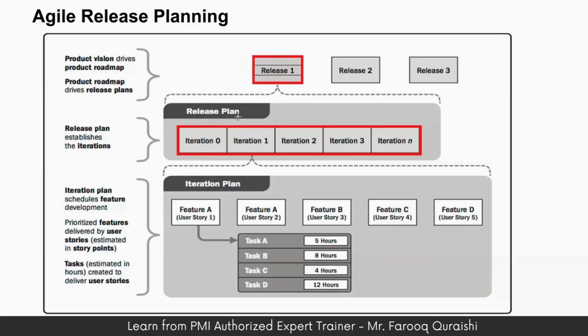You have the concept of release: the number of iterations plus customer acceptance will lead to a release. So agile release planning determines the number of iterations or sprints needed to complete each release and the features that each iteration will contain.